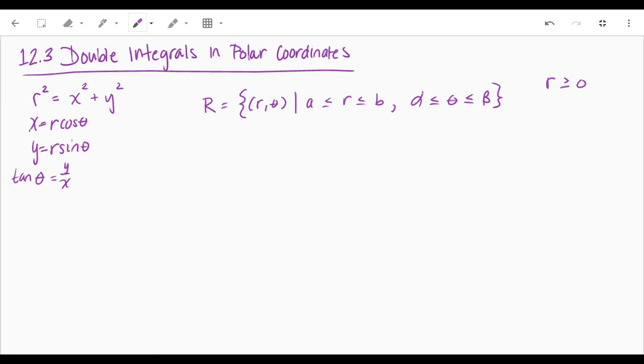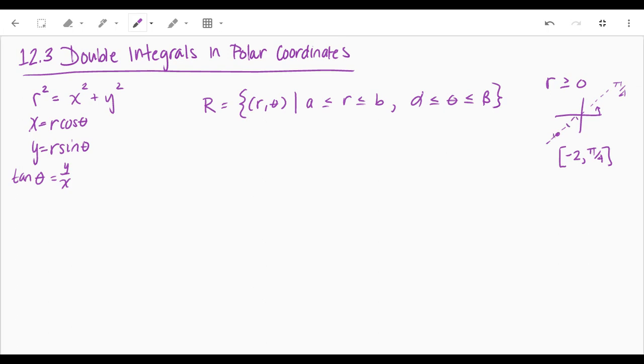So, if we have a point at negative 2, pi over 4, okay, so you'd go to your pi over 4, and you'd go 2 units in the negative direction.